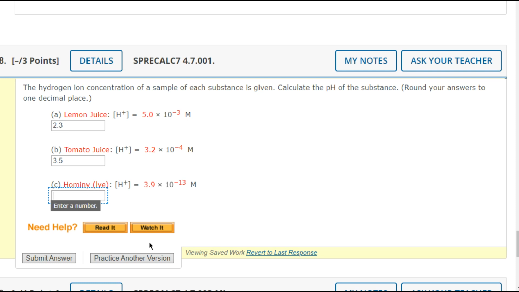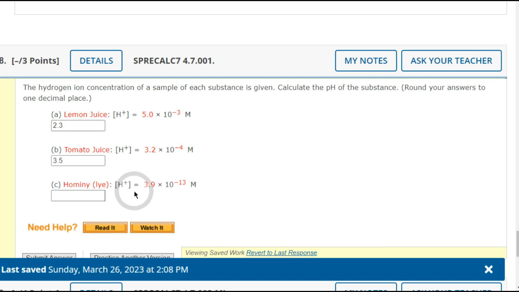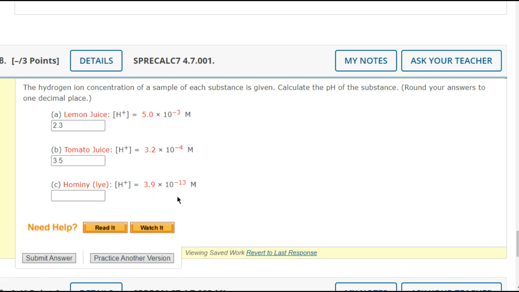However, this here hominy lye would be very, very basic. It's on the far other end of the spectrum. So I'll take log of 10 to the power.